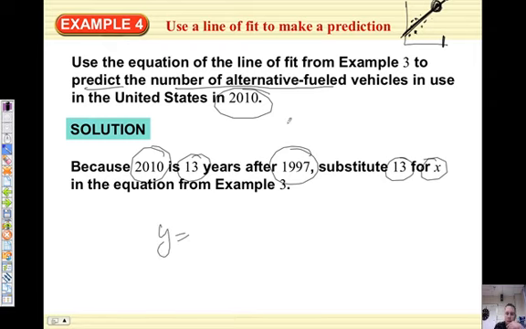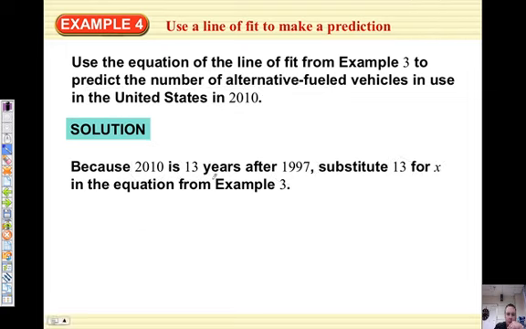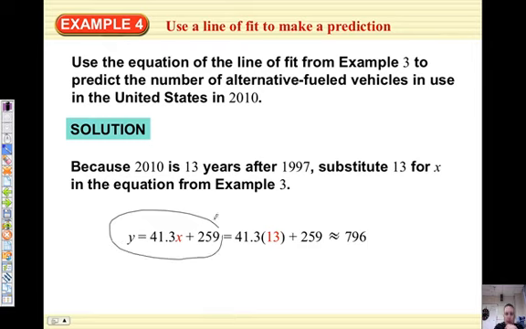Y equals, I forget what it was now. There it is. There's our best fit line. So all you do is say, okay, X means number of years, so 2010 is 13 years. You put 13 right there, and therefore you get 796 in your answer. 796 what?